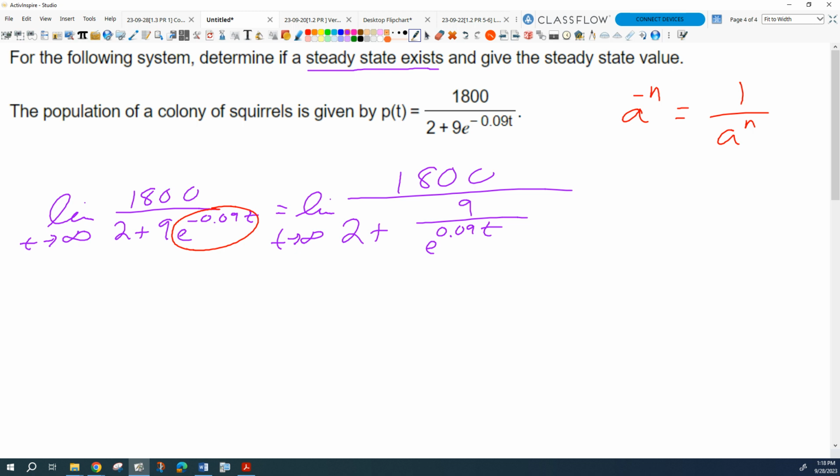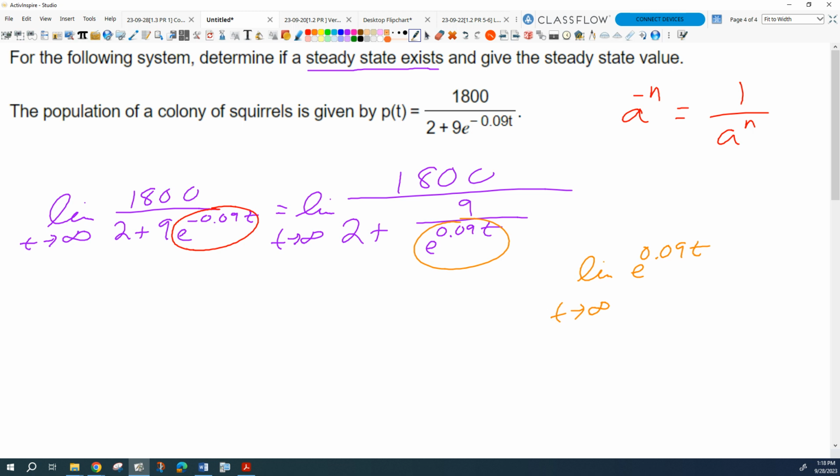Okay, so if we let t go to infinity, what's going to happen with that quantity? e to a huge value is going to do what? What's the limit of e to the positive 0.09t as t approaches infinity? e is a number bigger than 1, 2.7182.